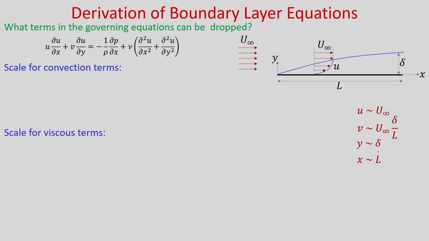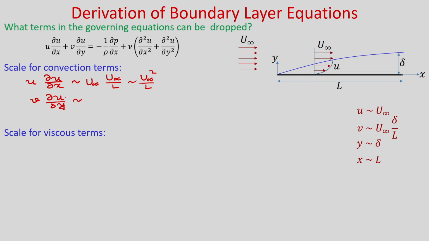So, first let us see whether we can drop some terms in the left hand side, which are inertia terms, and for each inertia term let us see what is the order. If you consider the first term u del u by del x, what is the order of this? You can see u infinity, this is u infinity by L. So, obviously this is of the order of u infinity square by L. The second term we have v del u by del y.